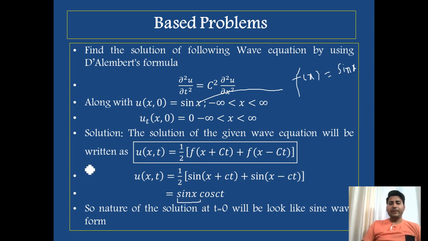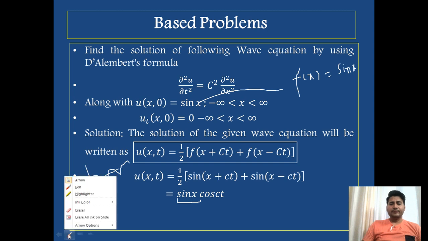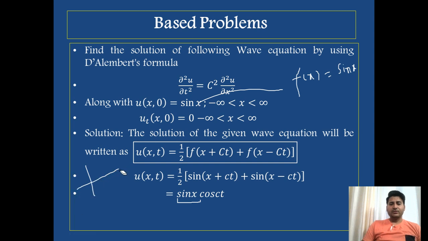If you remember the graph of sin x, it looks like this. The graph of sin x will look like this, and in the same manner up to infinity. So this is the form of the string at t equal to 0.